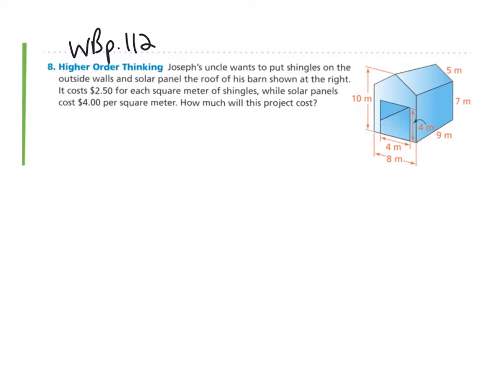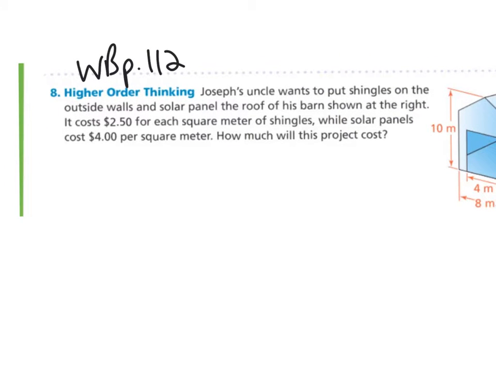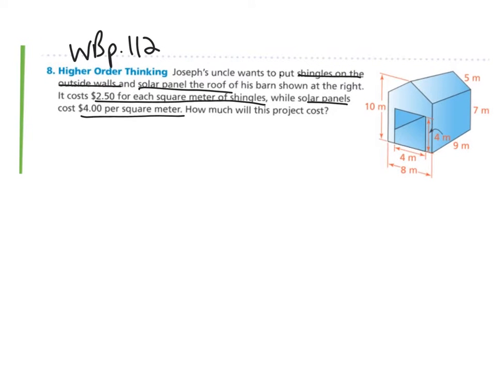So the solar panels on this problem, we're putting shingles on the walls so we don't have to paint here, and we're putting solar panels on the roof. So for the roof part with the solar panels, we've got a 9 by 5.